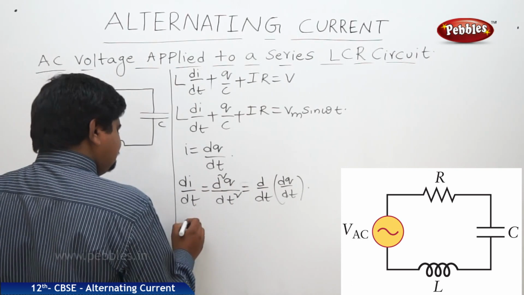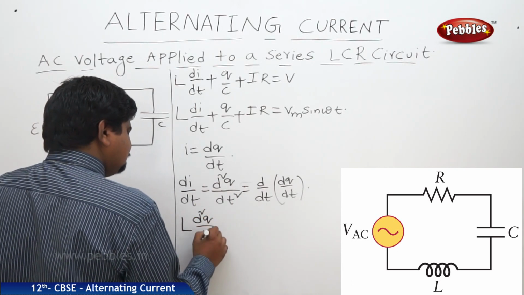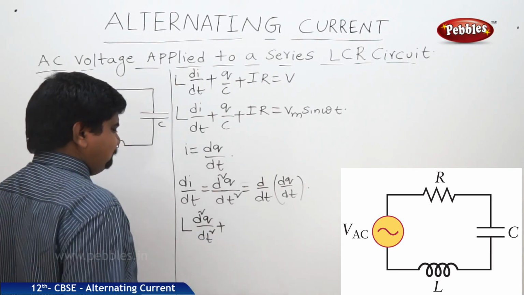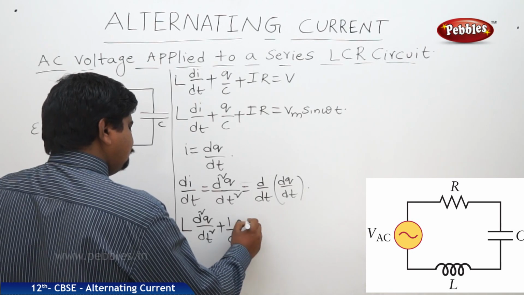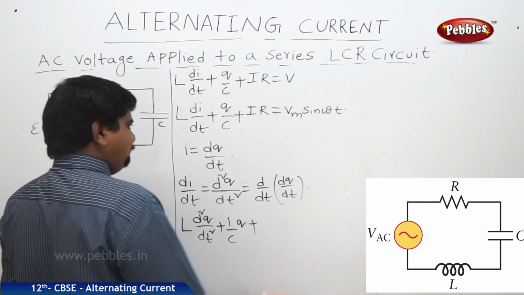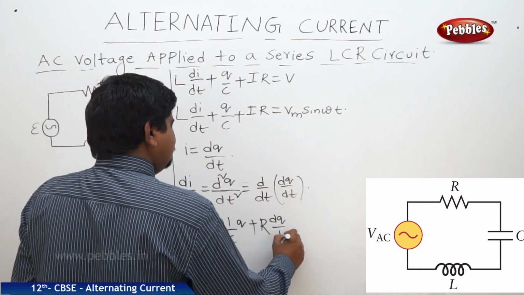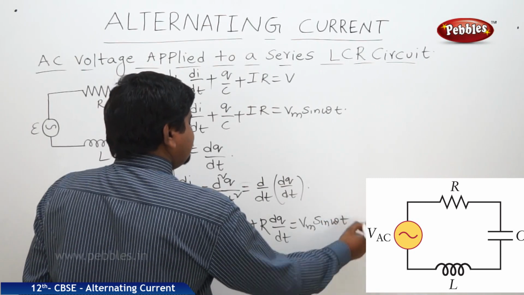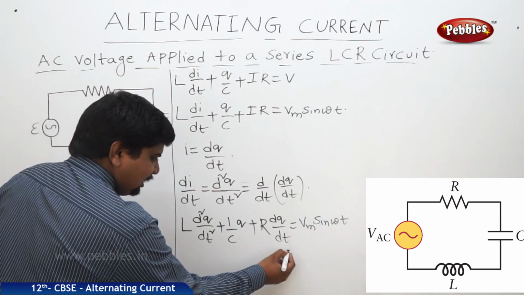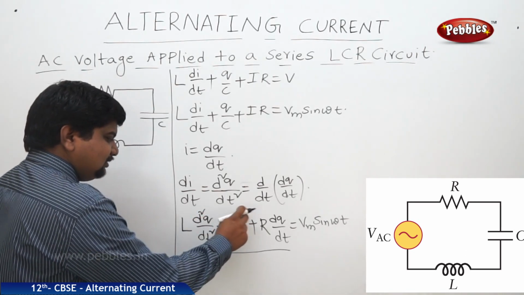Therefore, this equation turns to: L d square q by dt square plus 1 by C into q plus R into dq by dt is equal to Vm sin omega t. If you see the LHS of this analytical equation, all are in terms of q.